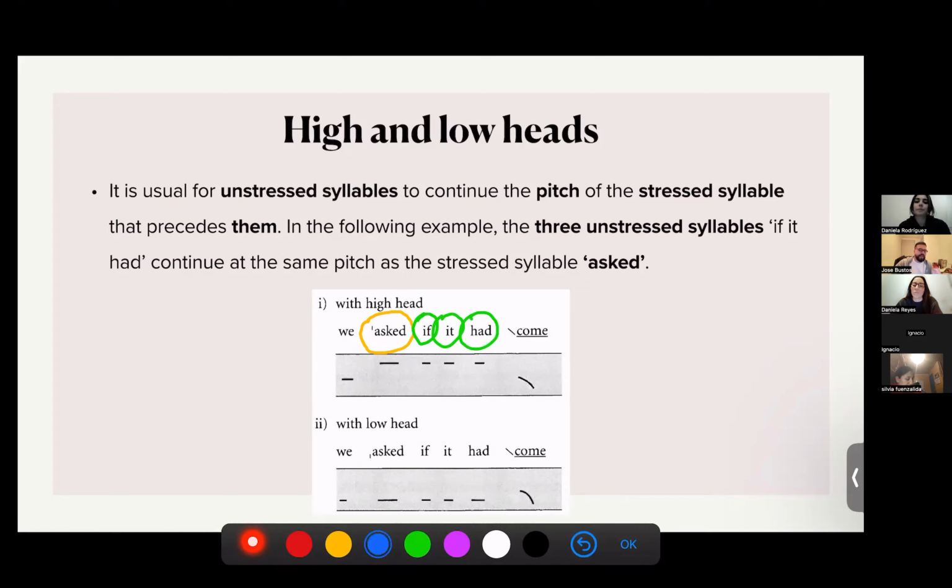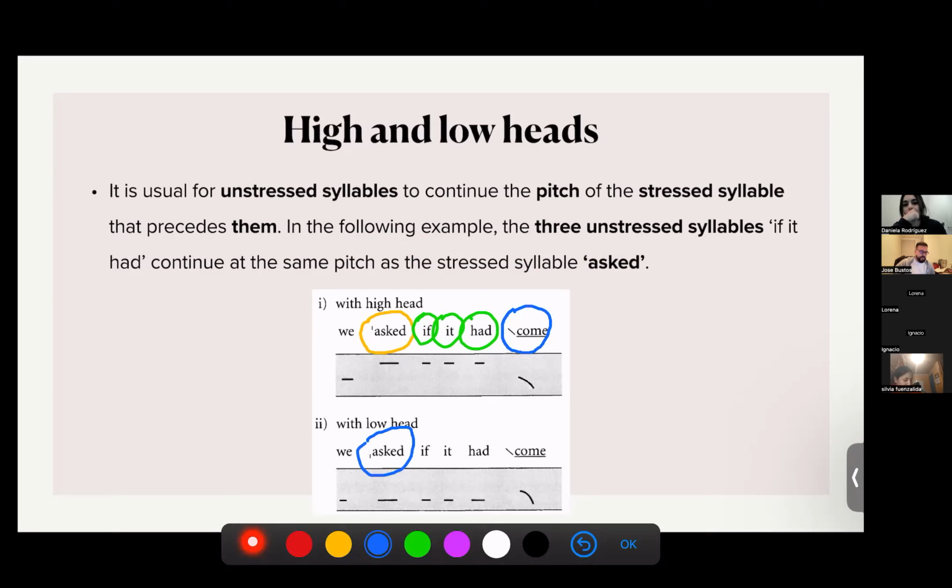What is the tonic syllable in the first one? Come. Okay. Very good. Now, if we look at the second example, is that a high or low head? Low. Very good.